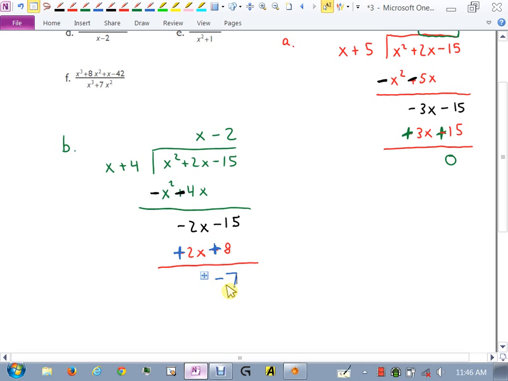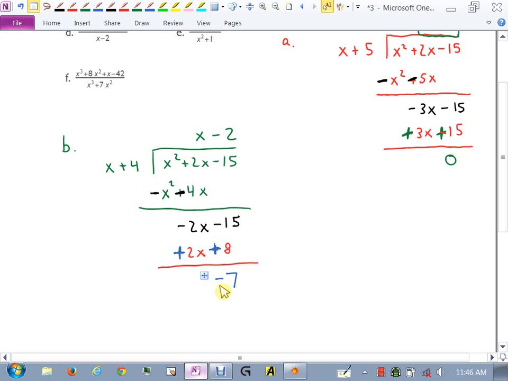Another way to look at it is that the power on this x is bigger than the power on this x. When we were matching up with negative 2x, the power here and the power here were the same, so I was able to multiply by negative 2. But once the power on this becomes less than the power here, you have to stop. So this is our remainder.